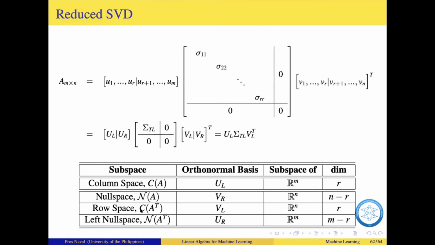The row space of A is just VL, residing in R to the N having dimension R. And finally, the left null space corresponds to UR, which is a subspace of R to the M having dimension M minus R.